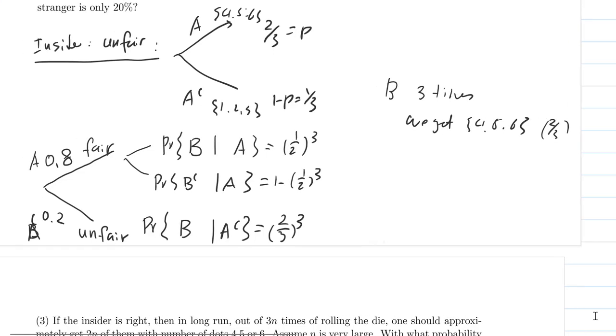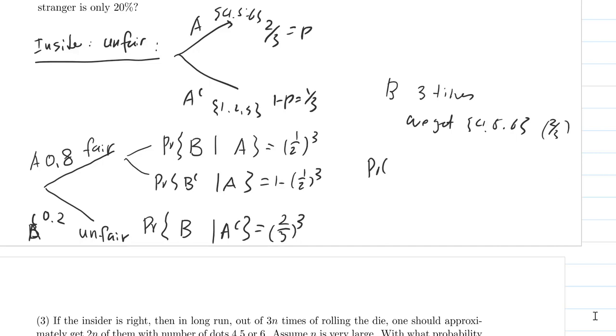So now what do we want to do? This is what we want to find. Suppose now B has happened. That means for 3 times we get bigger numbers. What is the probability that this die is still fair?